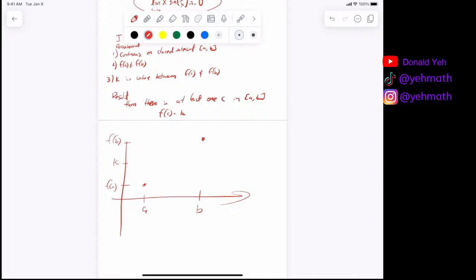Now the requirement f(a) does not equal f(b) is because it's not going to have the same height, right? And the most important requirement is that it has to be continuous. Because if f(a) equals f(b), then there's no k, right? So somehow you're going to have at least one c that passes k.